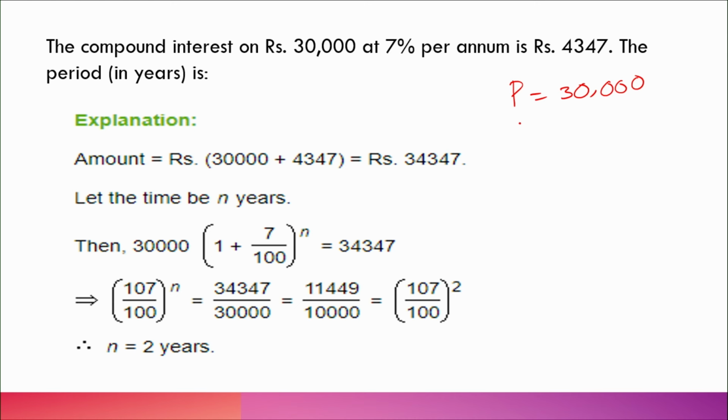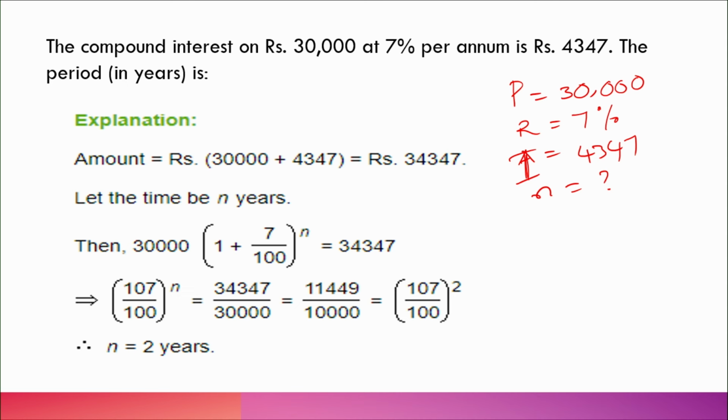R is given, that is 7% per annum. The compound interest I is given, that is 4,347, correct. Then what is n? This is the question.